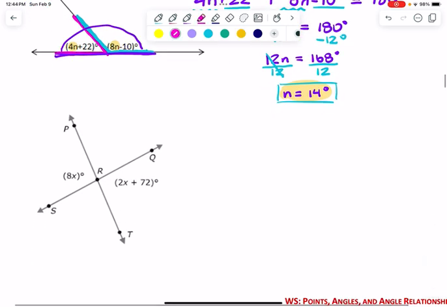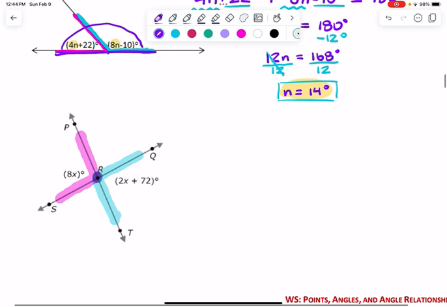Okay, last but not least, I have 8x, which is this angle here, and I've got 2x plus 72, and I can see that they meet at the vertex and they are opposite from each other across the vertex, meaning I have two angles that are vertically opposite.